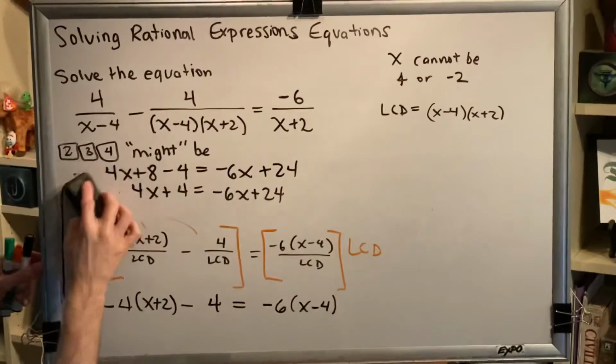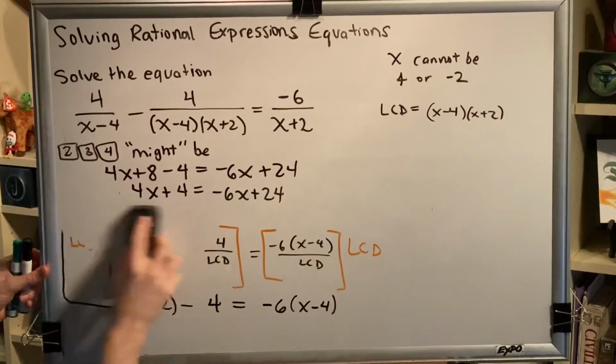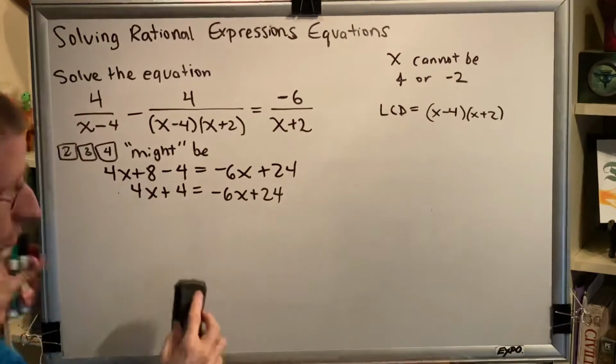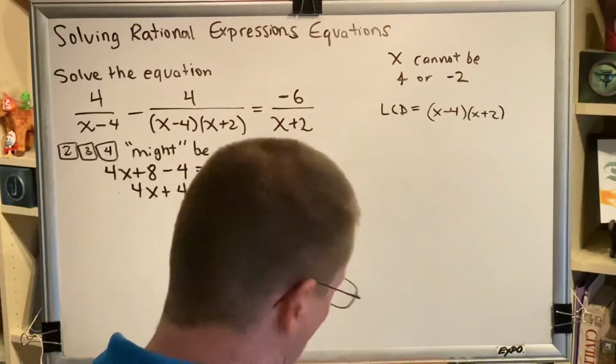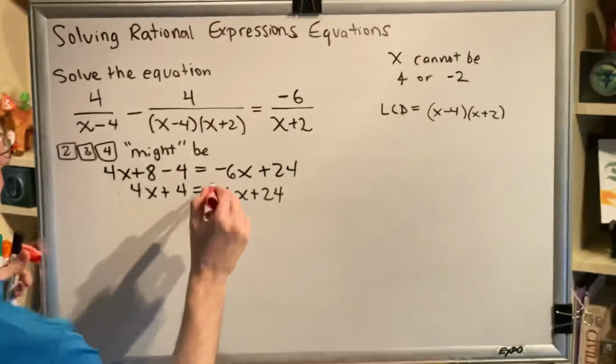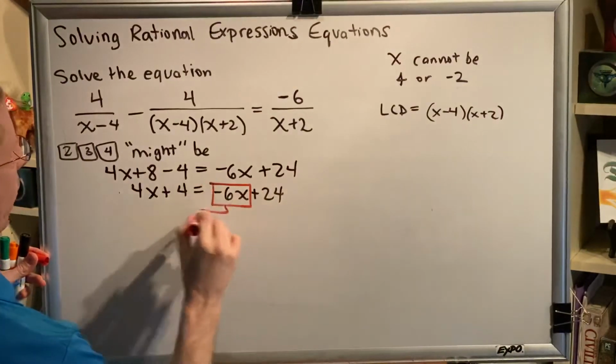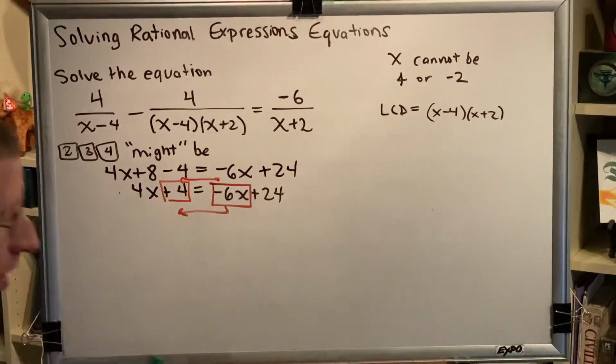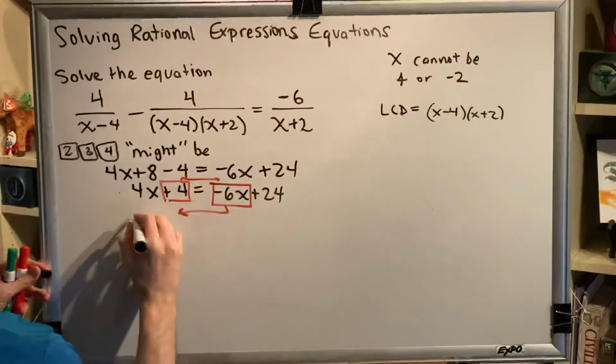Now I need to collect all terms that contain x on one side and all terms that do not contain x on the other. So I'm going to move some terms around. For example, this term will move from the right side to the left. This term will move from the left side to the right. And when a term changes sides, it changes signs.